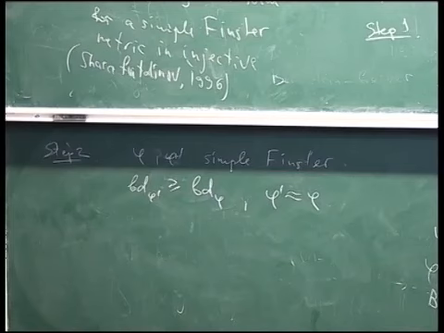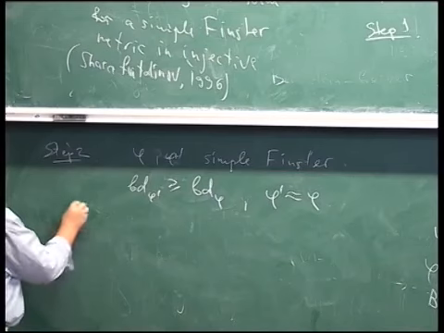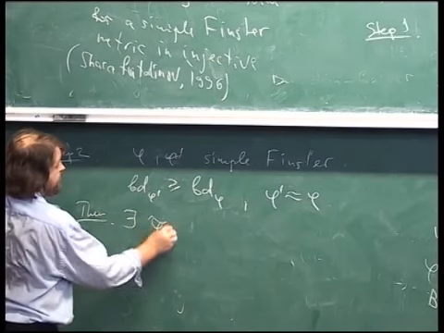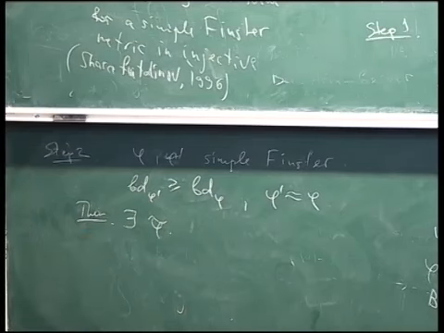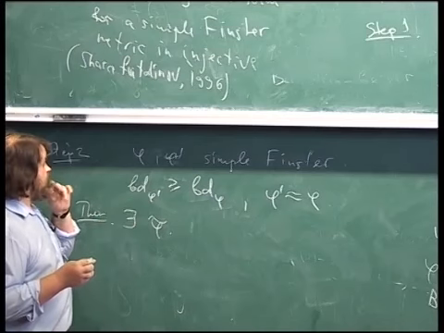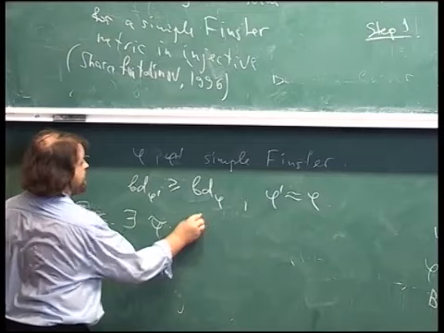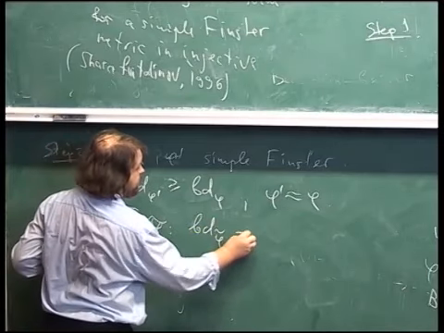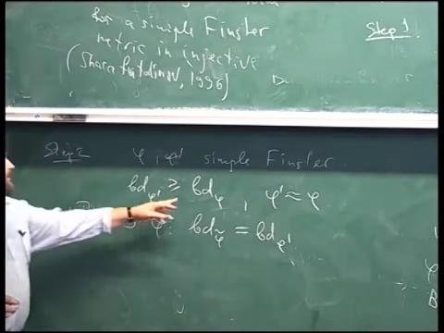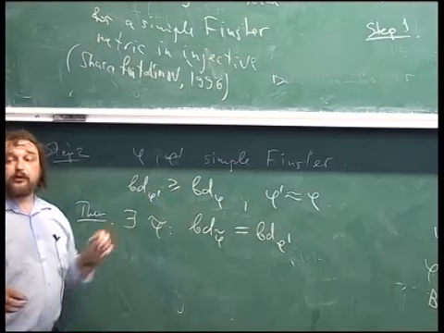Then there exists a new Finsler metric phi twiddle, which induces the same boundary distance function as phi prime, and it's majorized by phi.